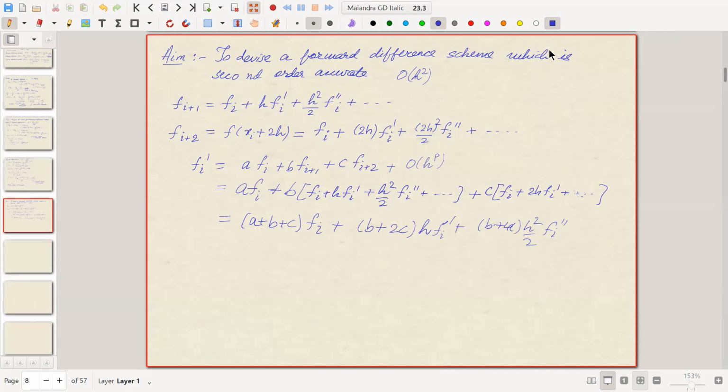Similarly, like these terms, you can try it by yourself: B plus 8C h cube by 3 factorial, that is 6, f i triple prime, plus there will be something else also. You might not get this because I have not written explicitly what these h cube terms are, but you can do it.